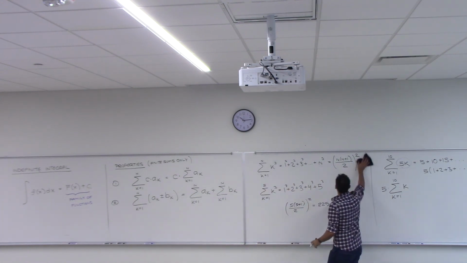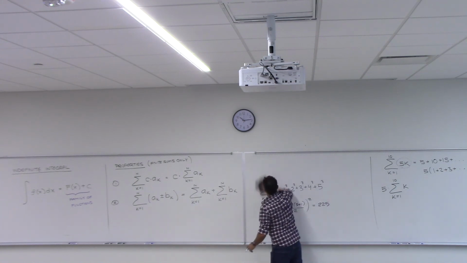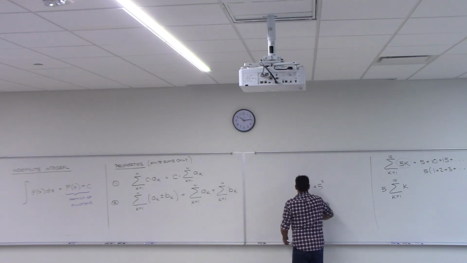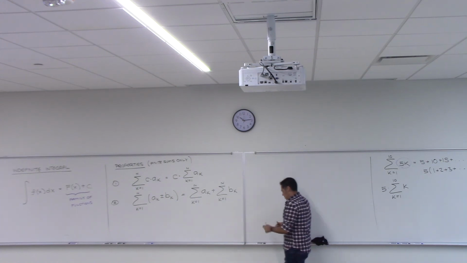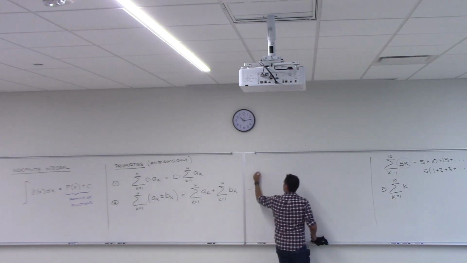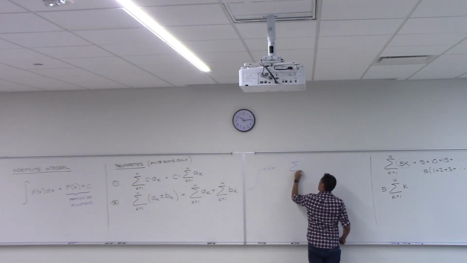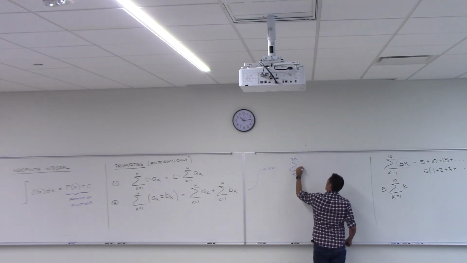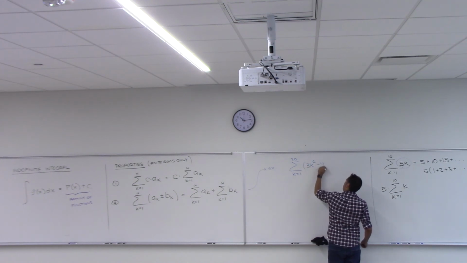Let me give you an example of that one over here. So an example of this would be if I did the sum k equals 1 to 20 of 3k squared minus 4k.